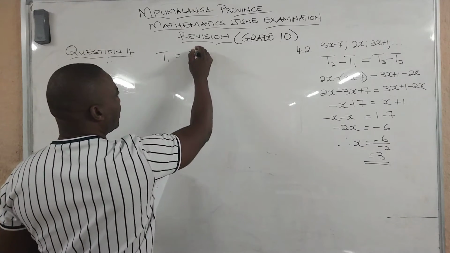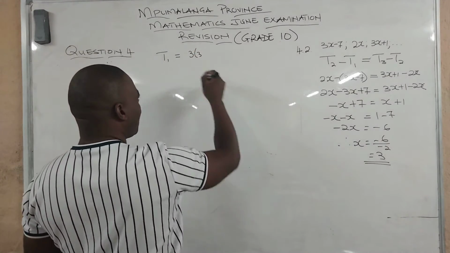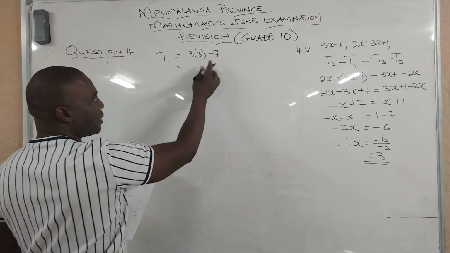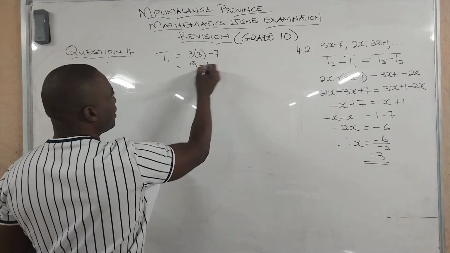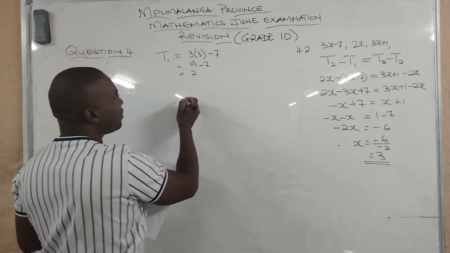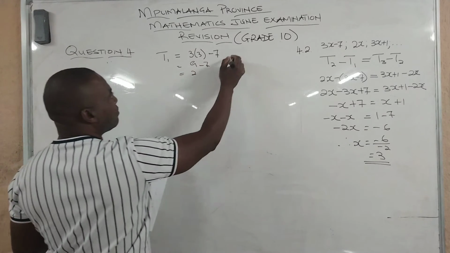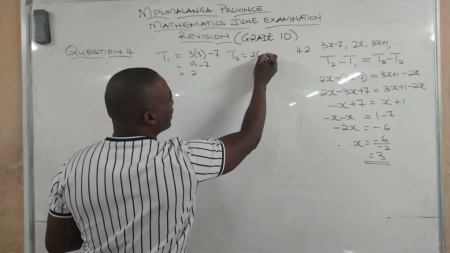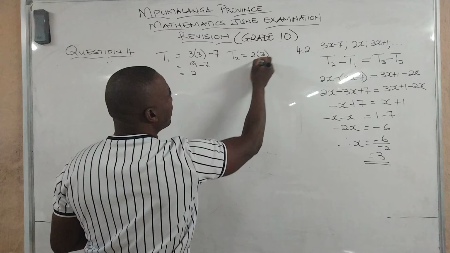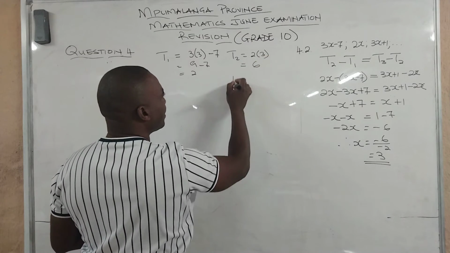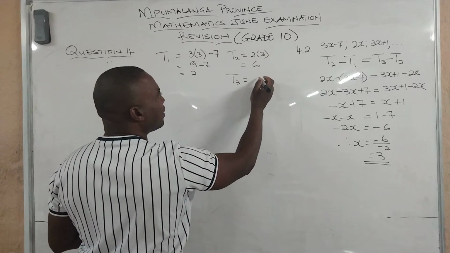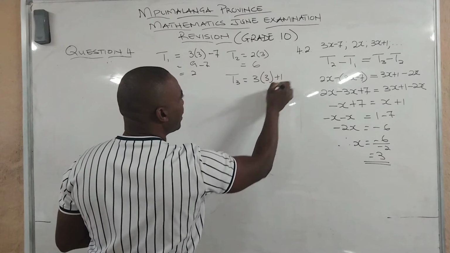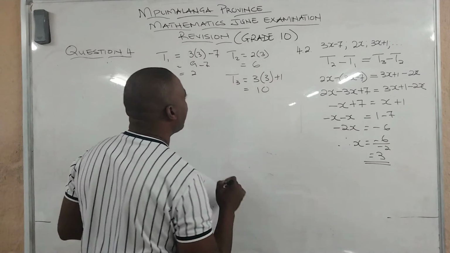Term number 1 is 3x minus 7, that is 3 by 3 minus 7, which is 9 minus 7, that gives us 2. Term number 2 is 2x, that is 2 by 3, which gives us 6. Term number 3 is 3 by 3 plus 1, that is 10.